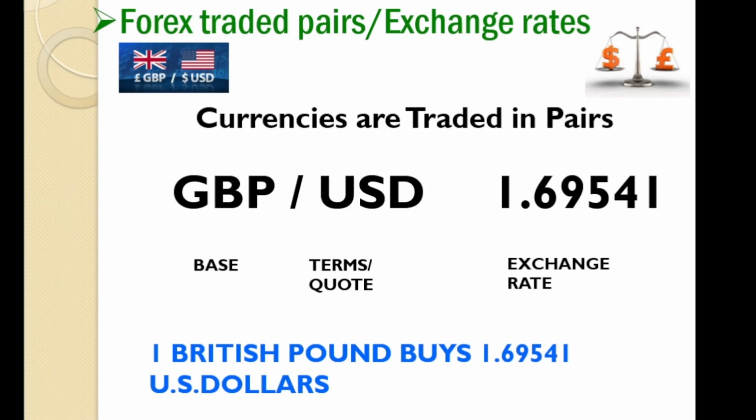If Great British Pound versus USD has the exchange rate or the price of 1.69541, it simply means 1 British pound can buy 1.69541 US dollars. We're going to see this when we start showing you through the MetaTrader 4 platform where trade is being done.